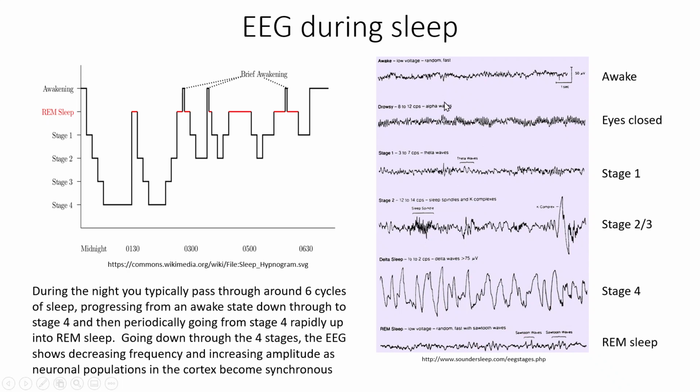So as we go down through these stages, the thalamus is becoming progressively more and more inhibited. But sometimes the thalamus kind of jerks awake and sends a spike of activity up to the cortex, and I think that's what the sleep spindle is.